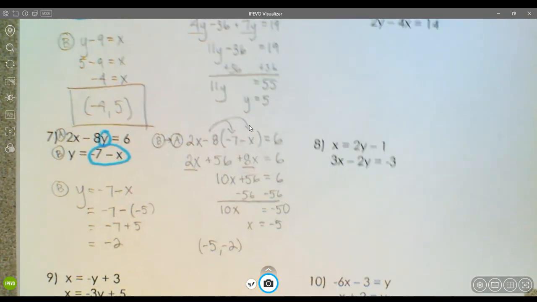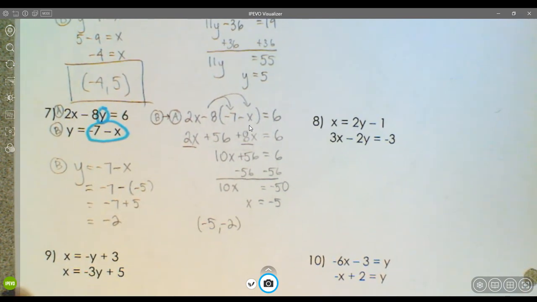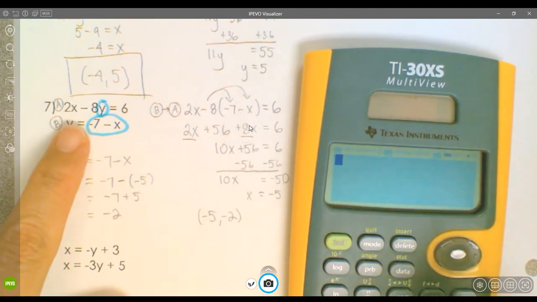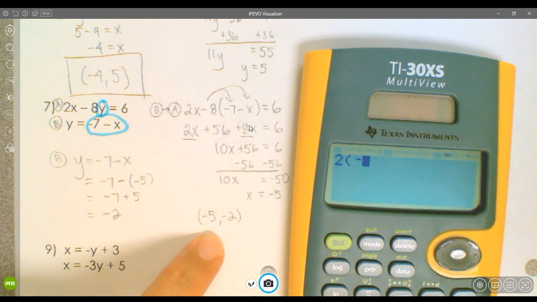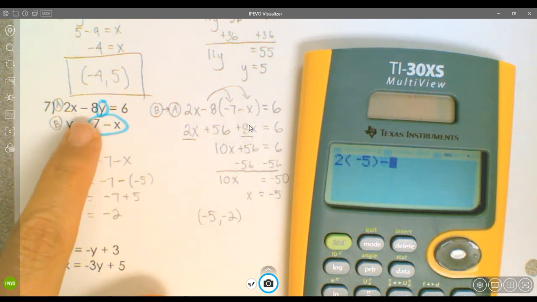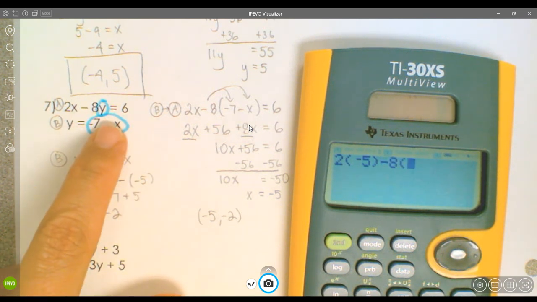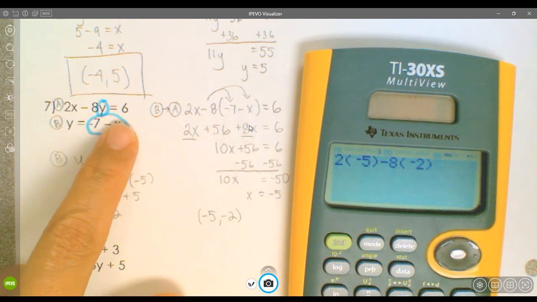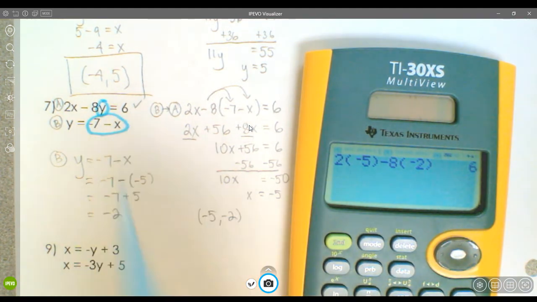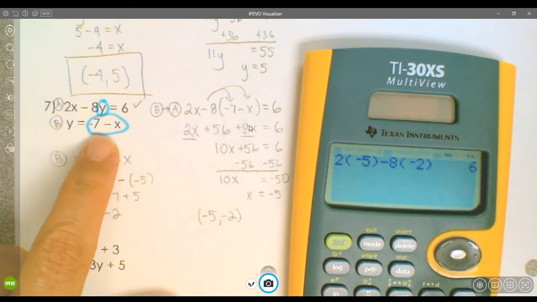So I believe my solution is -5, -2. Let's see if that works. 2 times x, -5, minus 8 times y, which is -2. Does that equal 6? Yes, it does. And let me look at this. Does y equal this?